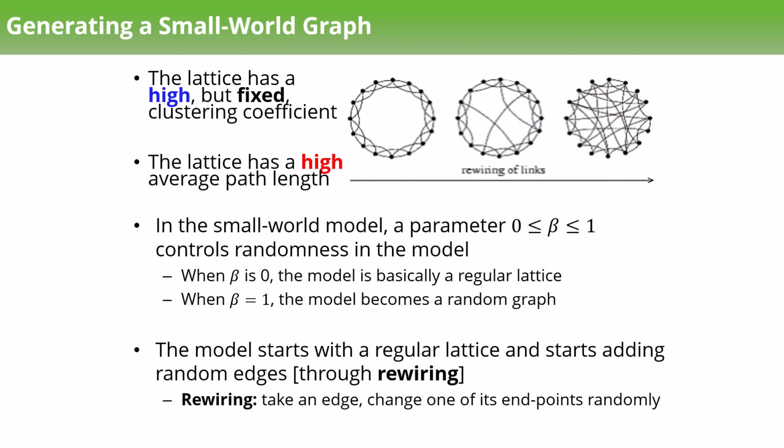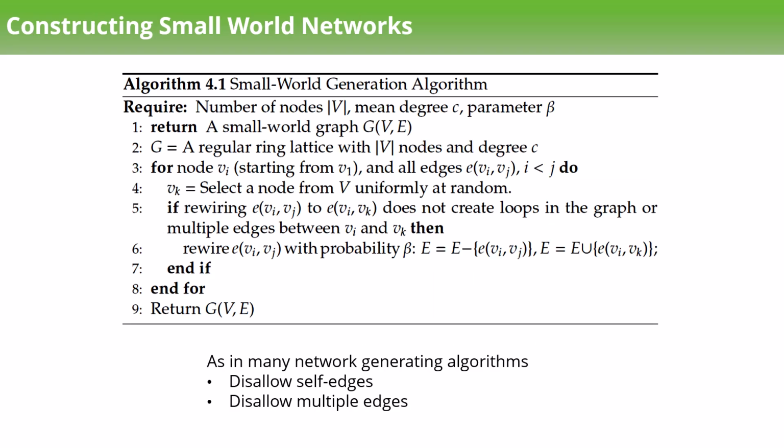Rewiring of links, from left to right, there are three graphs. Now, constructing small world networks. When constructing the network, we have to follow some rules. First, we don't allow self edges. That means a node cannot connect to itself.